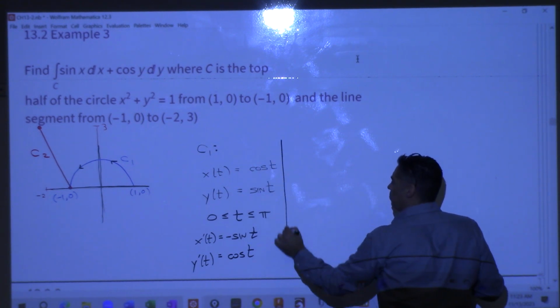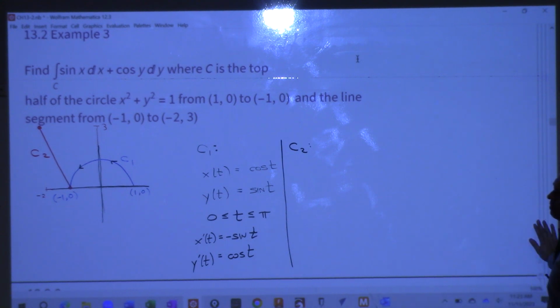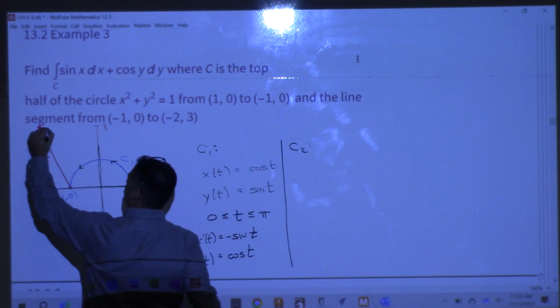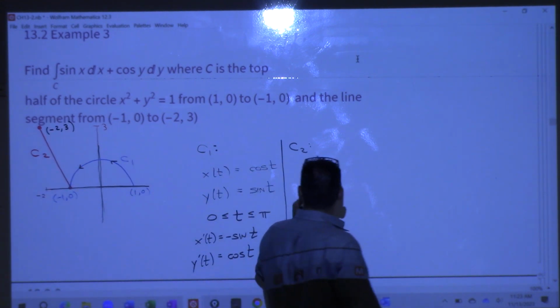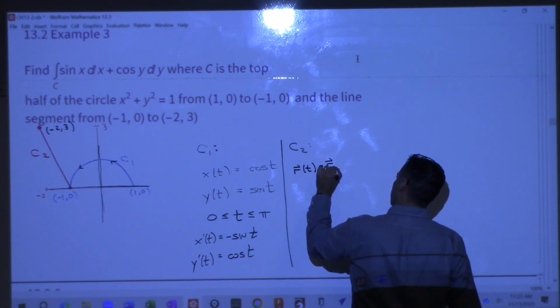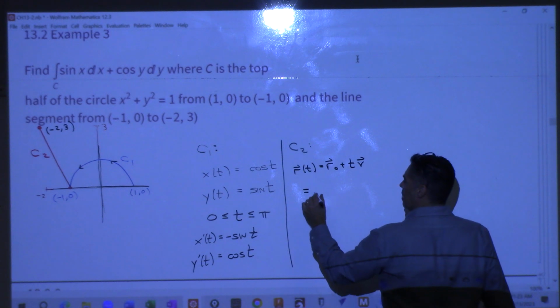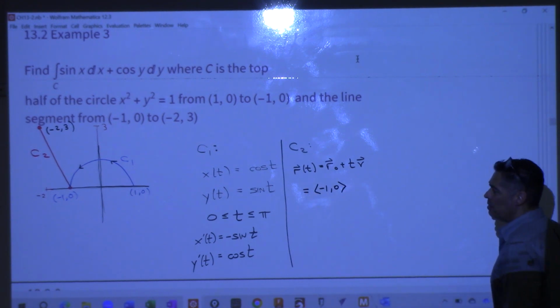Okay, now C2. For C2, we have a straight line segment again. The line segment goes from (-1, 0) to (-2, 3). I'm going to go back to the good old-fashioned r of t equals r naught plus t v. R naught for us will be (-1, 0), because that's where I want to start.